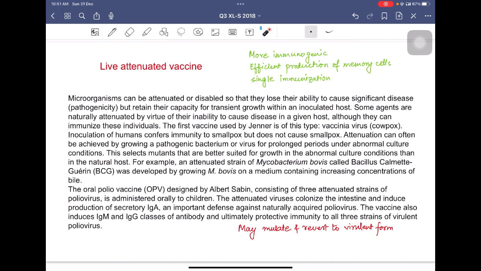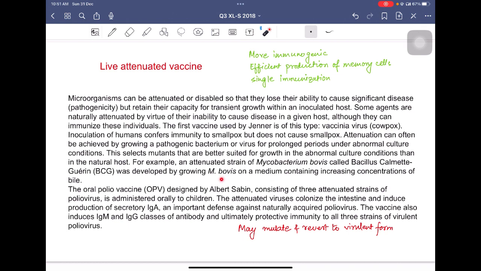The attenuated viruses colonize the intestine and induce production of secretory IgA, which is an important defense against naturally acquired poliovirus.